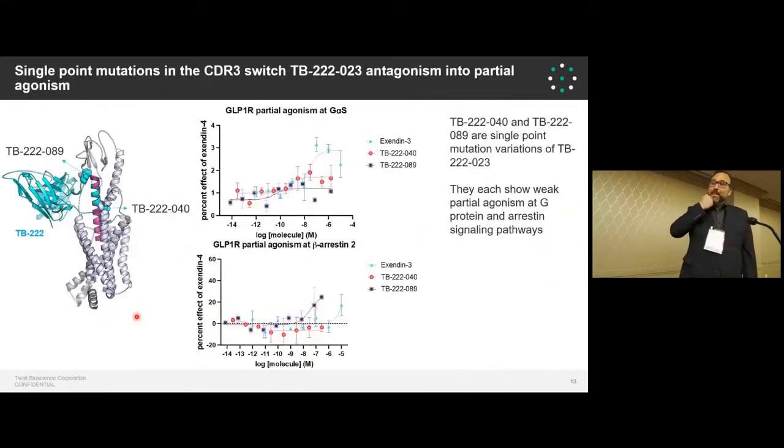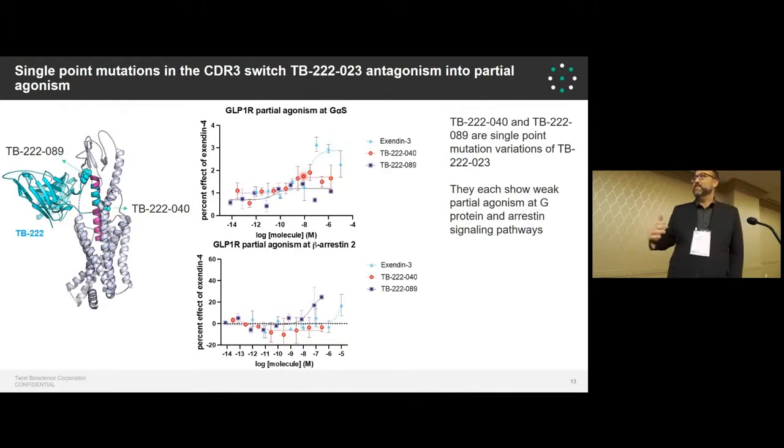As I alluded to, our phage display, our antibody optimization was essentially point mutations of that GLP-1 peptide. So in doing the functional screening, I found some really interesting readouts. This 22289 is just a mutation here in that very C terminus of the peptide, and 22240 is another point mutation.